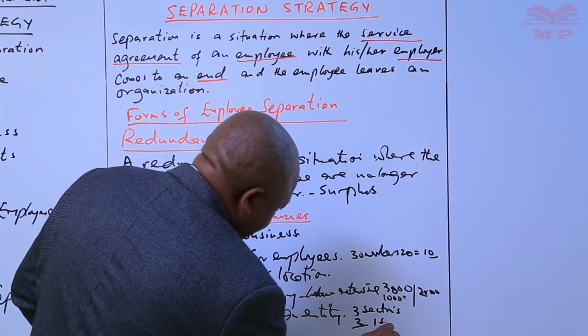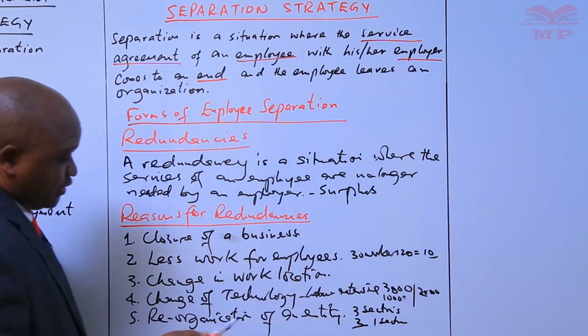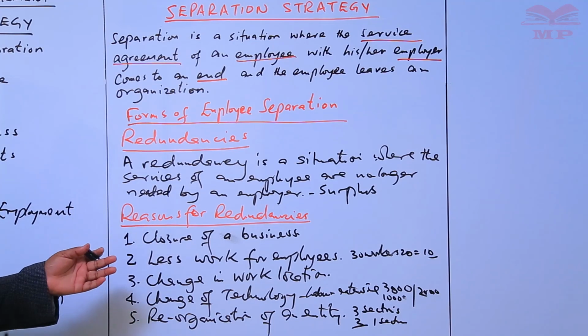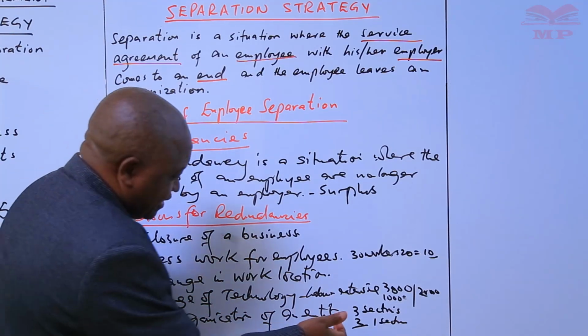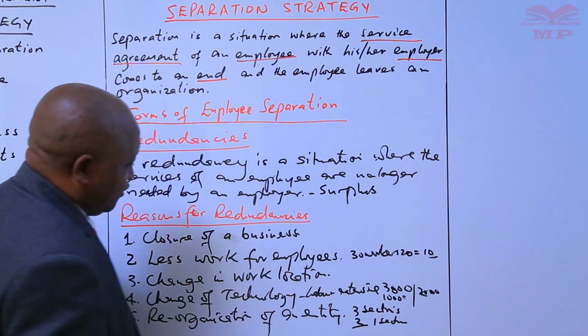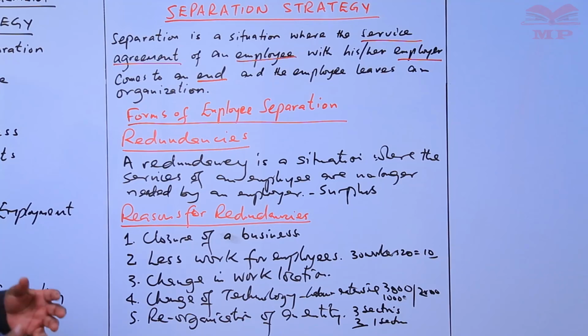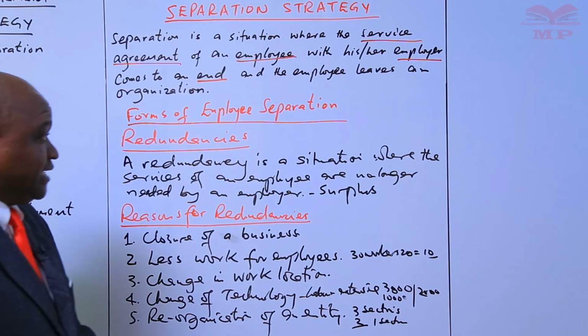So one section will be extra, and the workers in the other sections may no longer be needed. If you needed 3 heads of section, you may now need just 2. This kind of reorganization can also be one of the reasons why an organization may declare workers redundant.